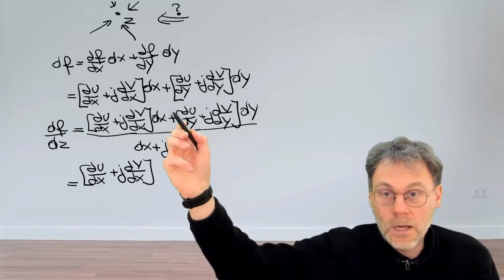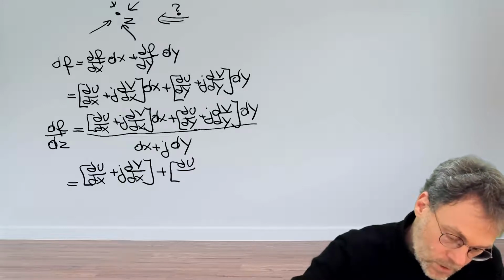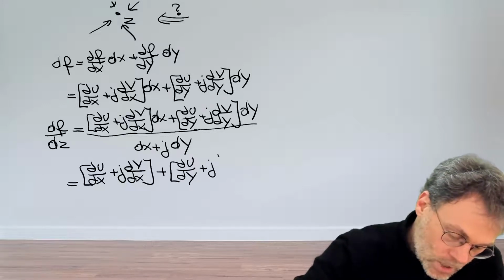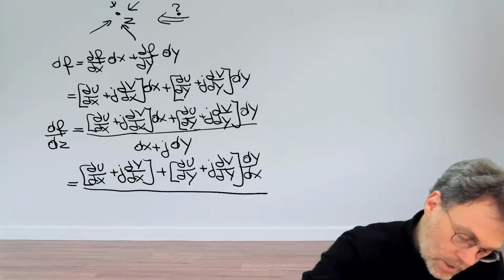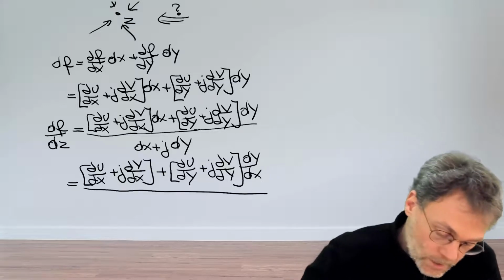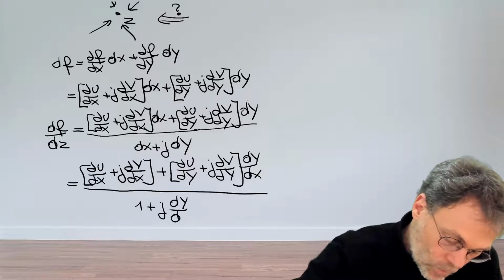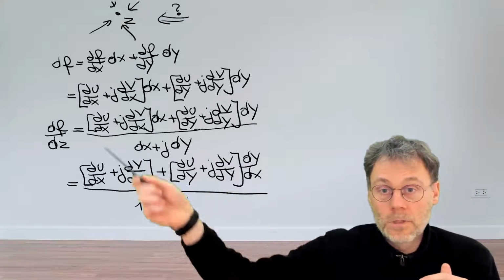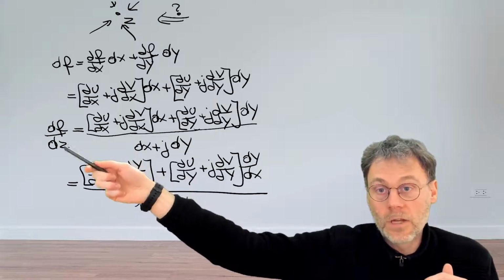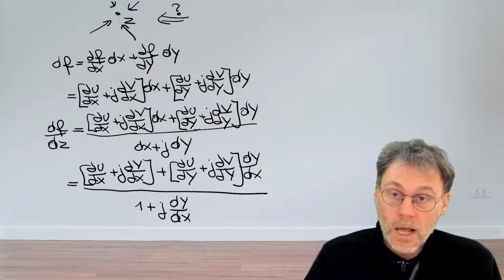So here the dx cancels because we divide by dx, and then we have du dy plus j dv dy, and then here we have dy over dx, and then for the denominator, if we divide everything by dx, I'm getting 1 plus j and then dy over dx. So far, the only thing we've done is some symbolic manipulation of this derivative expressed as differentials. The question is, how does this help us?